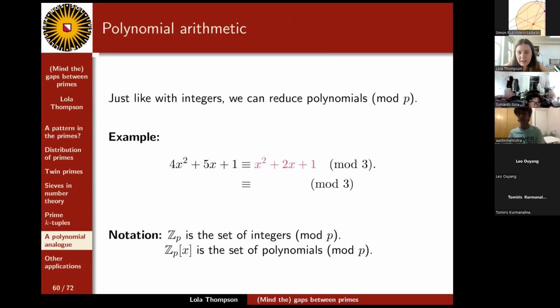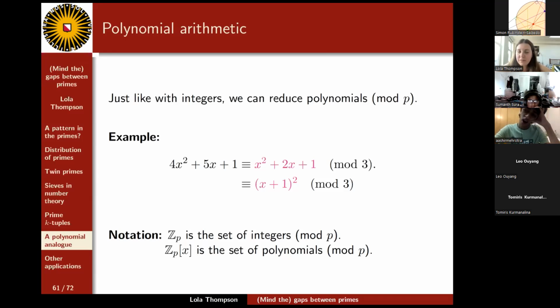Once I reduce it mod 3, it becomes something that can be factored. Notice this is the same as (x plus 1) squared. So sometimes things that weren't factorable with integer coefficients, once you reduce them mod a prime, you actually can factor them.